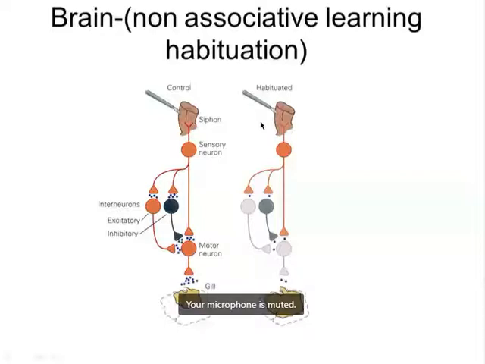Then after 3-4 times of touching, in the 5th time when you touch, the neurotransmitters you see are less. Here the dots are neurotransmitters. Here there were so many neurotransmitters. So they are less. Again neurotransmitter less. So it is habituated.